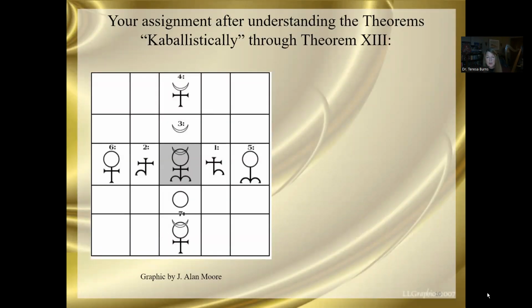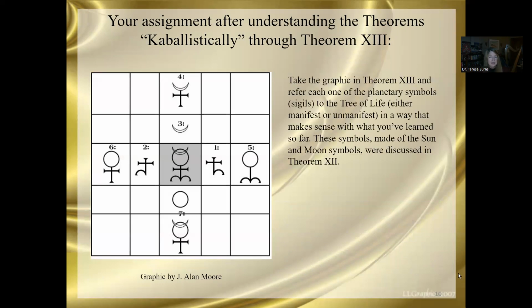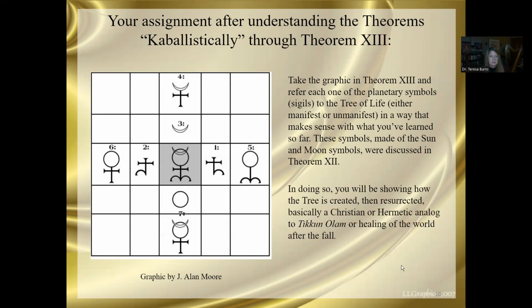So when I ask you to solve this Kabbalistically and take each graphic and refer it to one of the Sephiroth using either the manifest or unmanifest tree of life, that is either before the fall or after, and then we went over that, because what you were doing was showing how after the fall, the tree is recreated or resurrected.